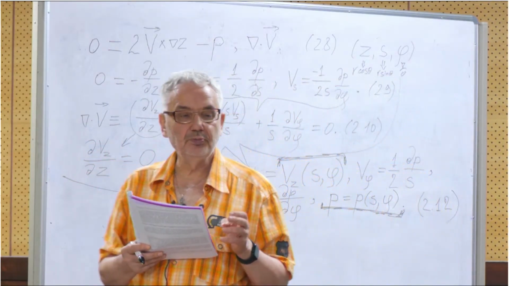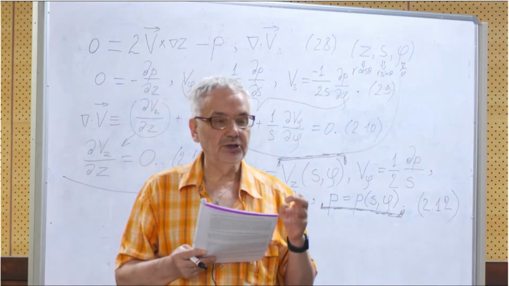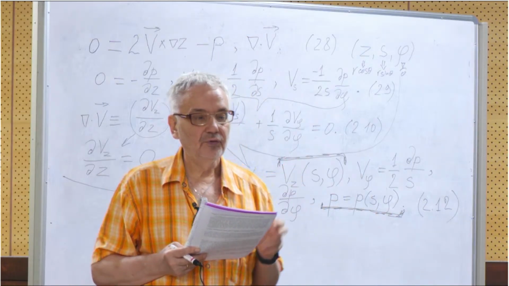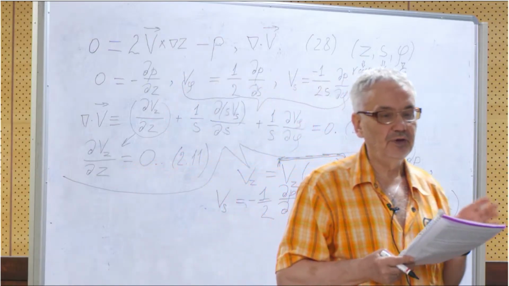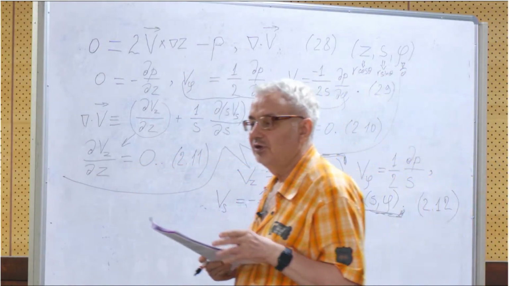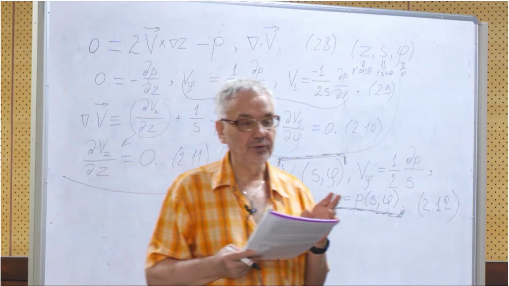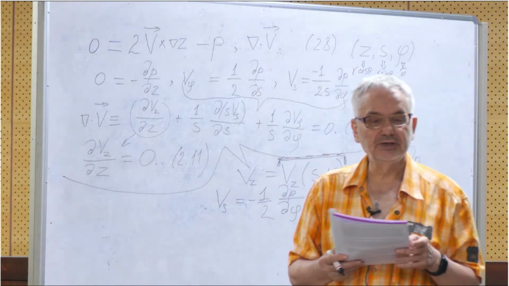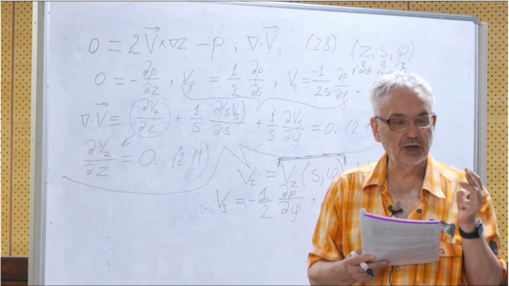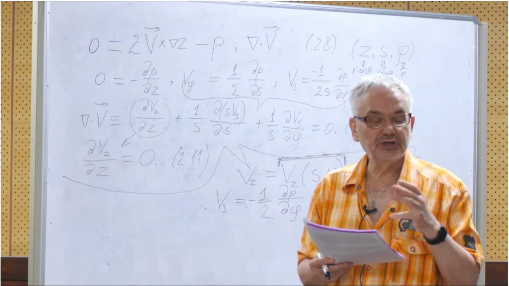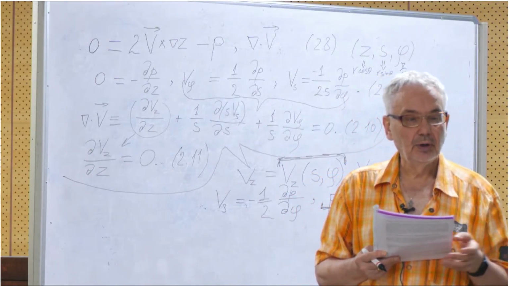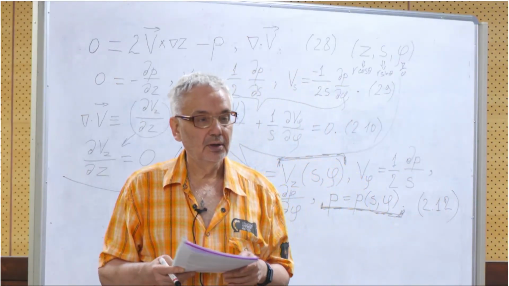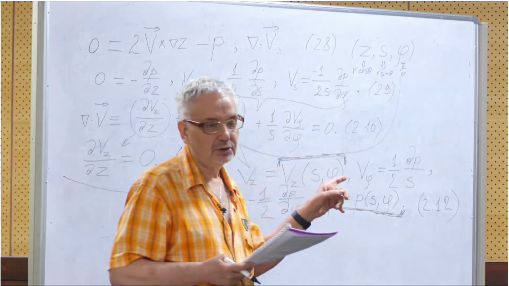Roughly, the number of boundary conditions can be calculated if we take the highest order derivatives. For example, in the Navier-Stokes equation, the highest order derivative is 2. And there are 3 equations with these higher order derivatives. So we simply multiply 3 by 2, and we get the number of necessary boundary conditions. But here the situation is changed.